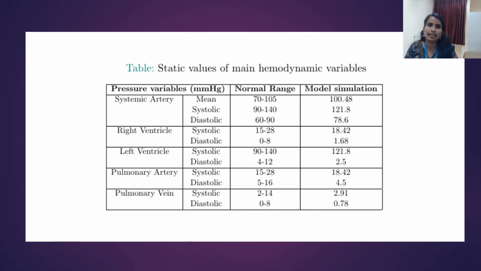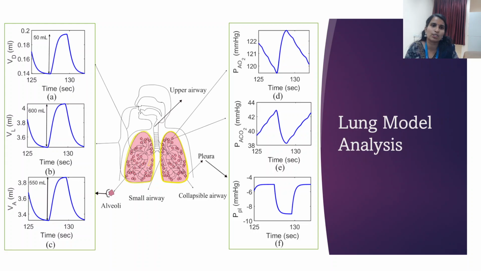This table clearly shows that for the systemic arteries, the left ventricle, right ventricle, and the pulmonary arteries and veins, the pressure values we get in the model lie in the normal range for a human body. So the cardiovascular system model is a replica of our human cardiovascular system.